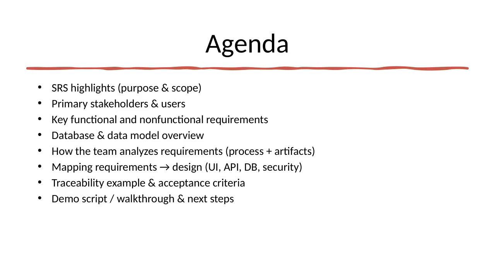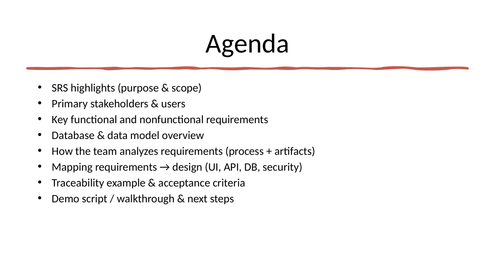After that, we'll review the database and data model to see how information is structured and managed. We'll also explore how our team approaches analyzing these requirements, highlighting the processes and artifacts involved, such as documentation and diagrams. Next, we'll connect these requirements to design decisions across the user interface, APIs, database, and security measures to ensure everything aligns.